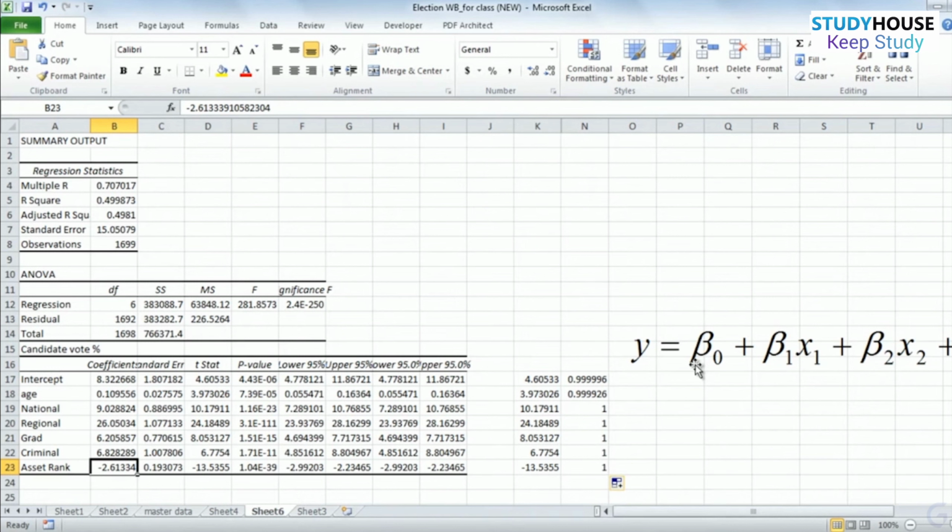So a rich candidate will be minus 2.6 times 1, whereas a poor candidate will be minus 26. Roughly put, a rich candidate compared to the poorest candidate, who is rank 10, is likely to get 24% more vote share.